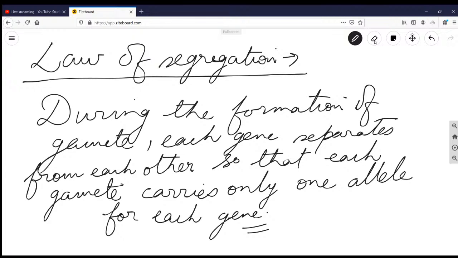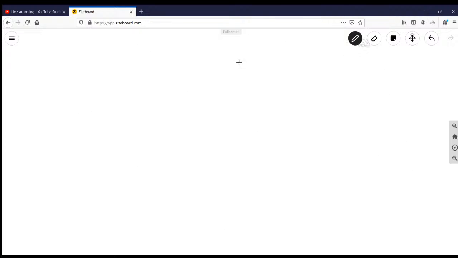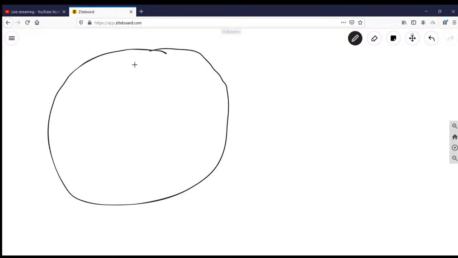So I'll just explain to you a little bit of meiosis. What happens is, in meiosis 1, first of all the homologous chromosomes pair up. It means that in a cell you have 46, so all the 46 will double up.